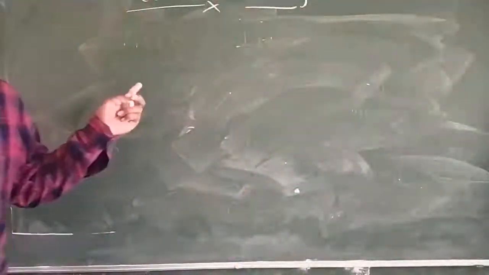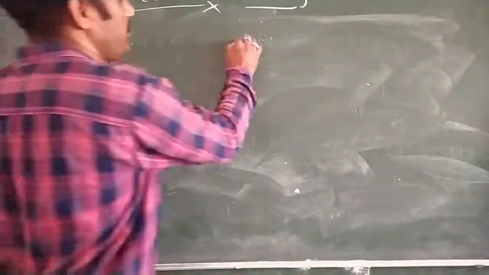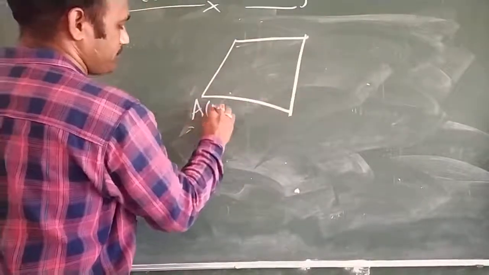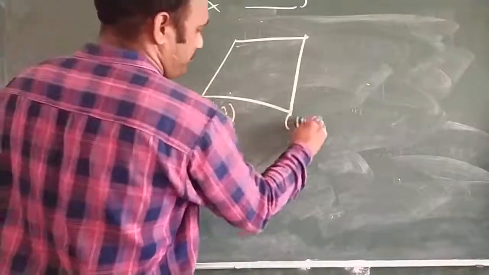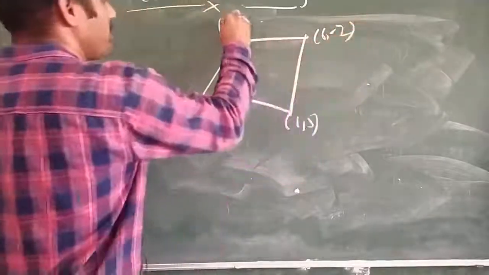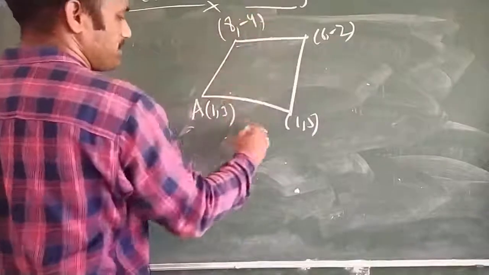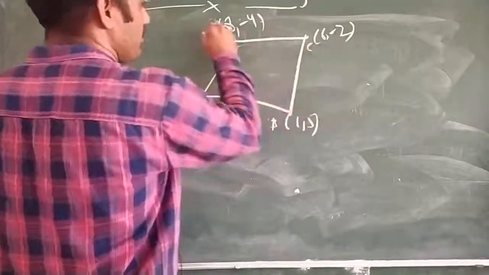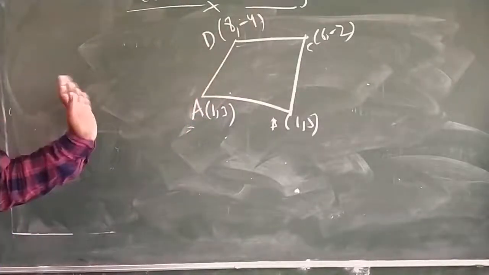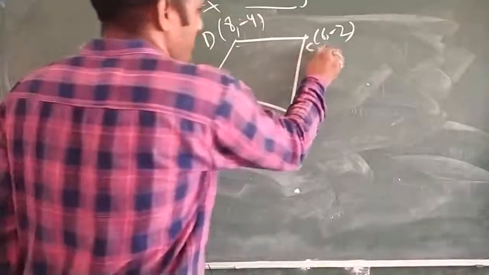Related to this we have learnt another one. What is that? How to get the area of a quadrilateral. Points like (1, 5), (6, -2), (8, -4). Whatever points I am taking may not be perfect values, but you can make use of the textbook to verify answers.